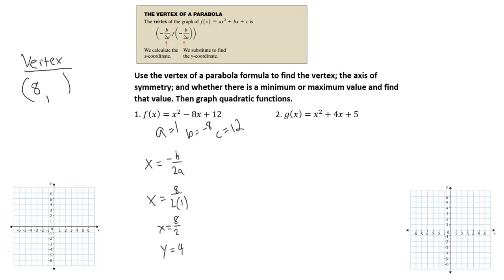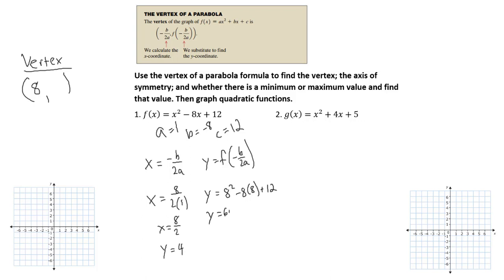All right, and then from there we can find y as f of -b divided by 2a. So what we do to find y is we just plug that value in, and so that's 4 squared minus 8 times 4 plus 12.